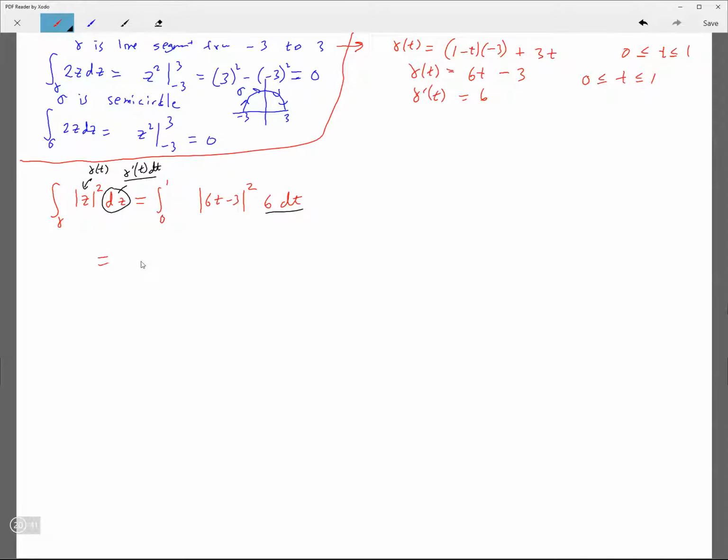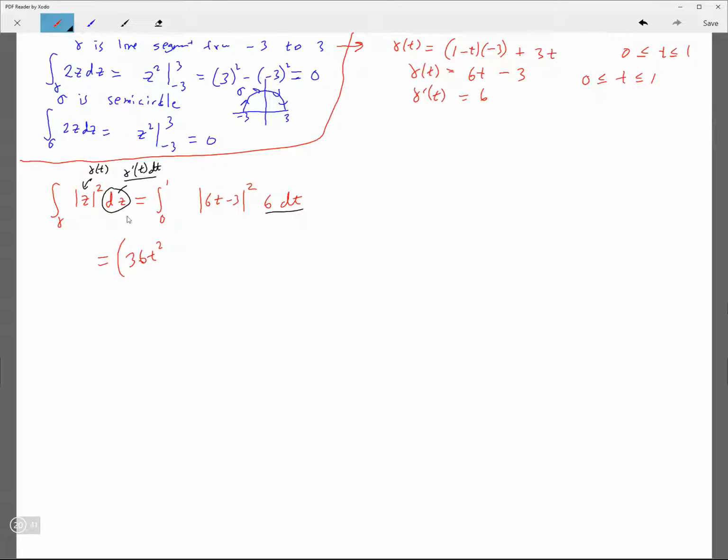So what is that? Dang, I made this unnecessarily nasty. Okay, so this is 36 t squared. Now you can take an antiderivative of this at this point, because you're down to just the variable t.